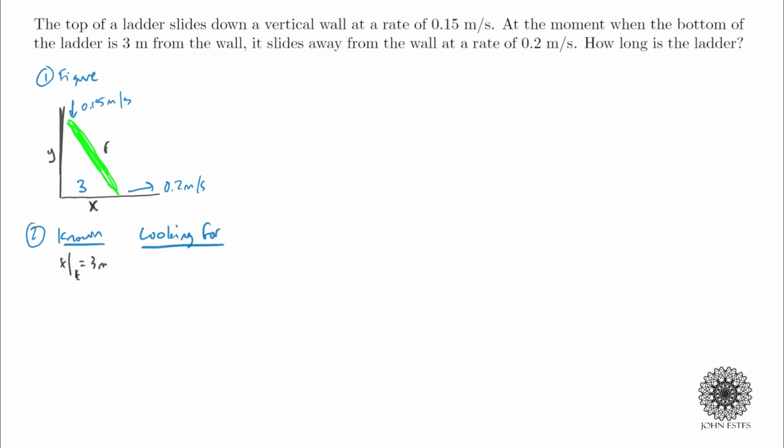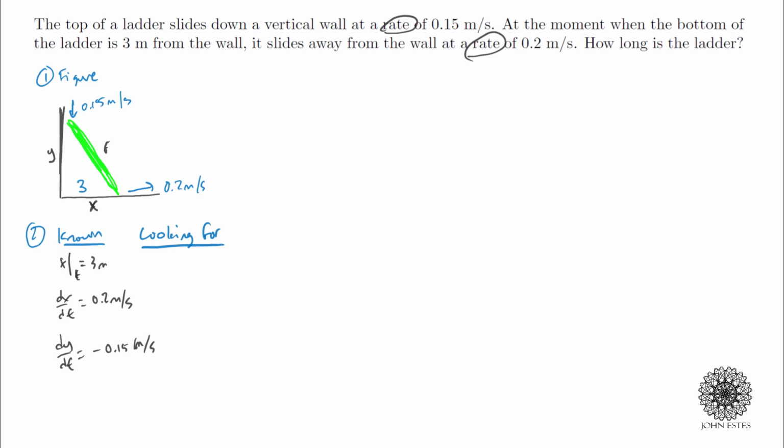I also have these speeds, these 0.15 meters per second. What is that? Well, if you notice, the word rate is in the question. Rate is always a tell that I'm talking about an instantaneous rate of change, otherwise known as a derivative. So here I have that dx/dt at this given moment in time is 0.2 meters per second. And I also know that dy/dt is a negative 0.15 meters per second. And why is it negative? Because the ladder is moving down.